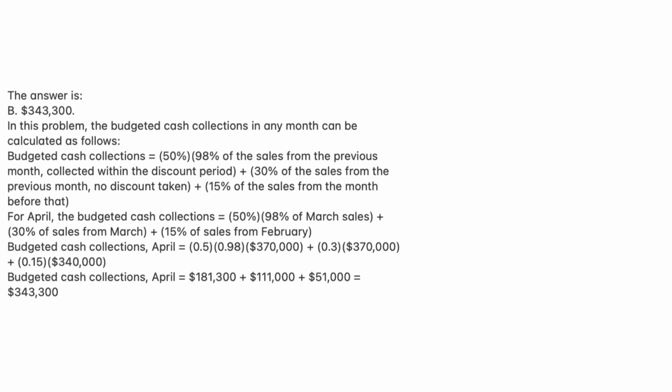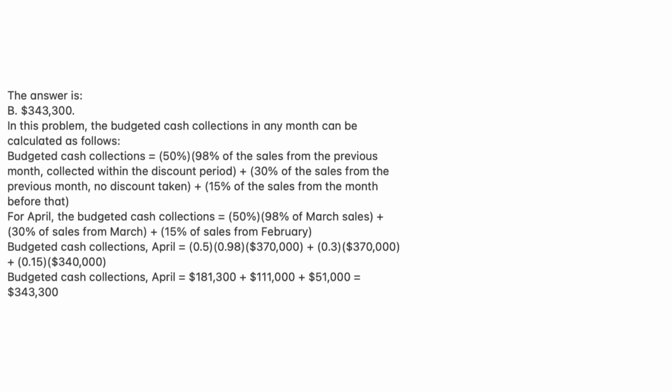Budgeted cash collections equals 50% at 98% of the sales from the previous month, collected within the discount period, plus 30% of the sales from the previous month, no discount taken, plus 15% of the sales from the month before that. For April, the budgeted cash collections equals 50% at 98% of March sales, plus 30% of sales from March, plus 15% of sales from February.